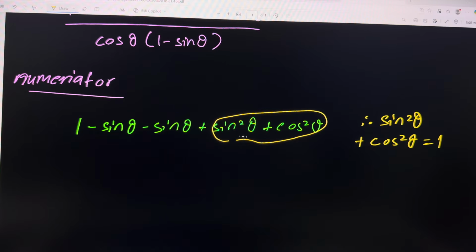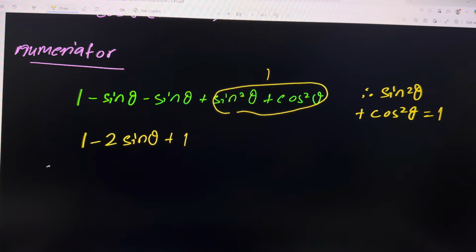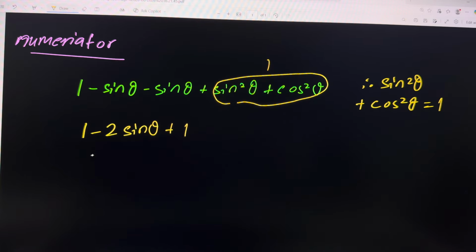So we can say all of this is equal to 1, so this becomes 1 minus sine theta minus sine theta, which is minus 2 sine theta, plus 1. I can just leave the denominator for now, so this becomes 2 minus 2 sine theta.